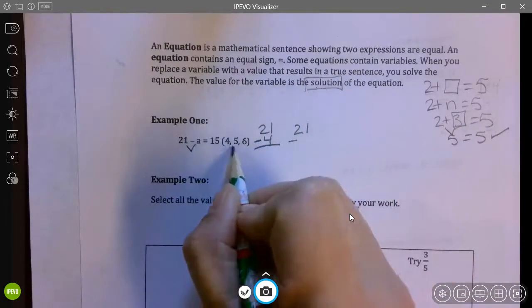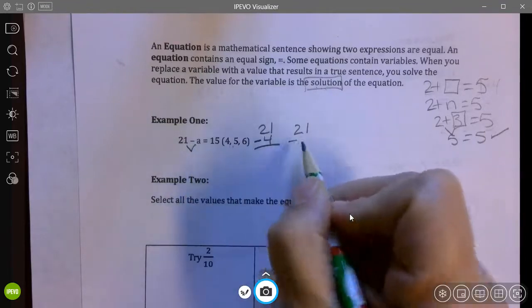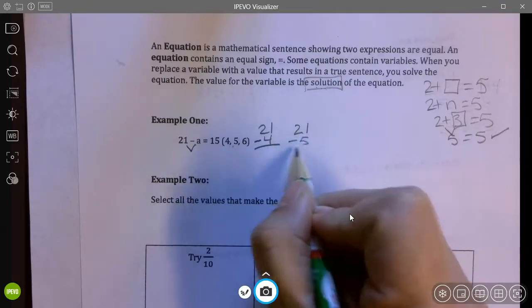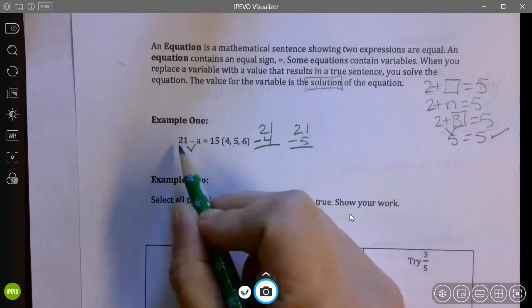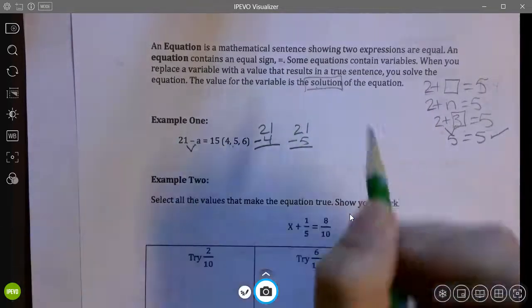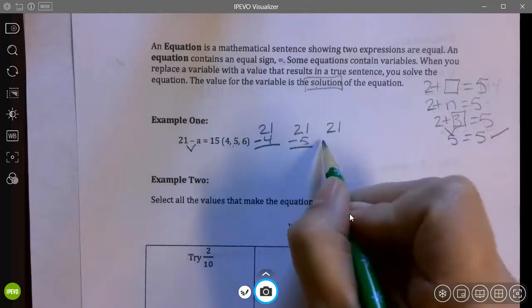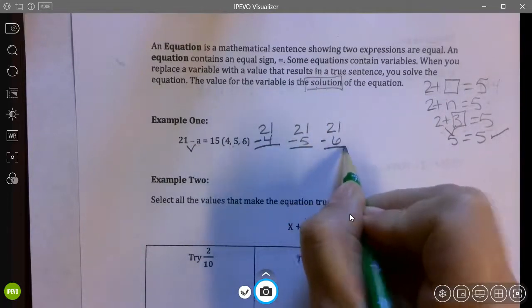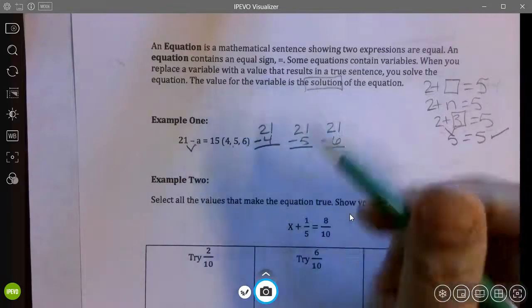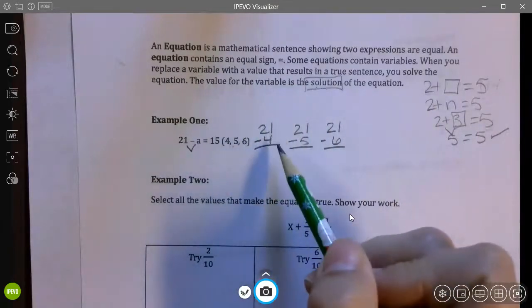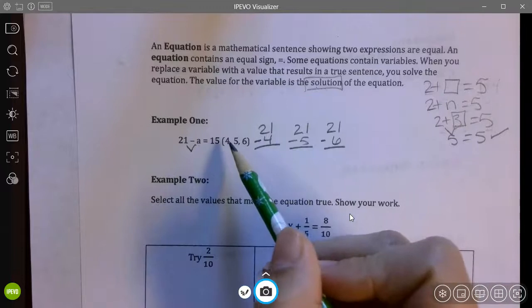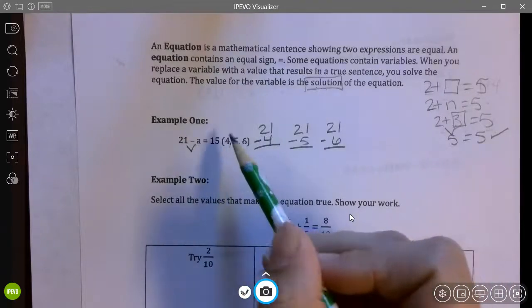I would substitute the 4 in for the a, and then I would write your mathematical problem. I don't like to add or subtract horizontally. I like for them to be vertically, so I always just reset my mathematical problems straight on top of each other.